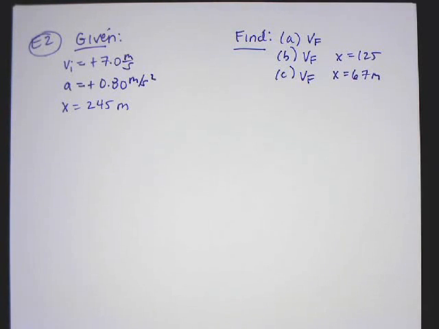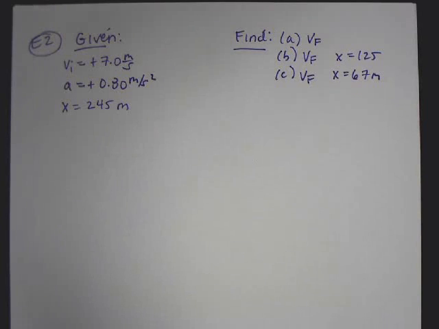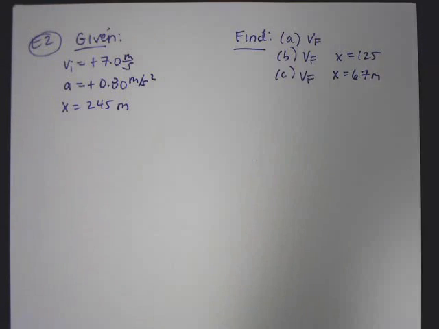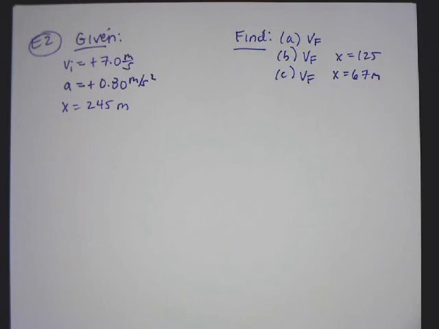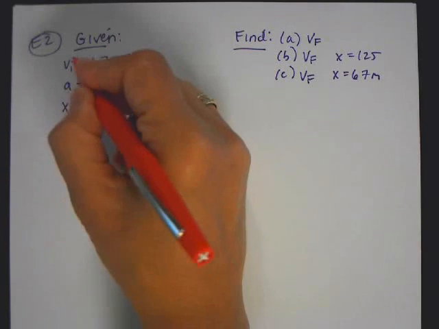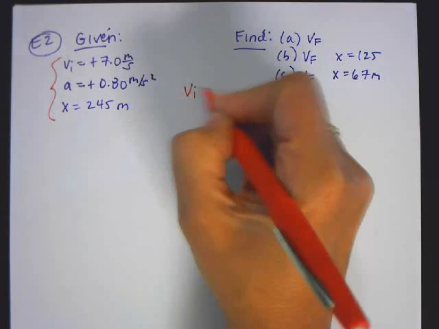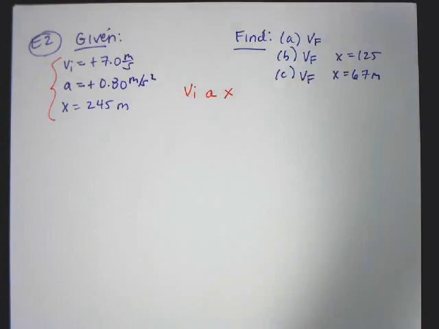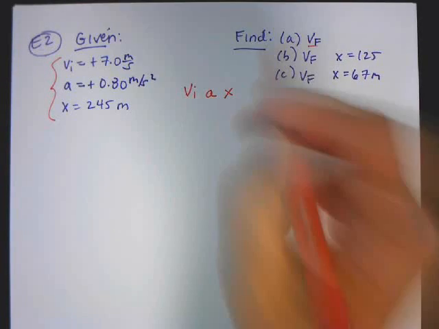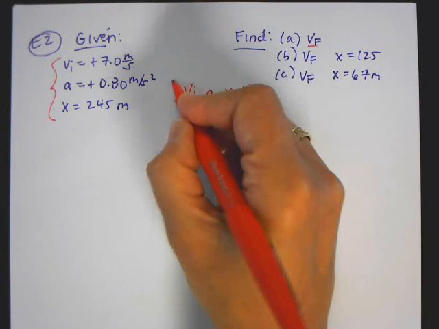The first thing I'm going to do is, how do I know which equation to use? Well, in the practice problems in the book, it's easy because all the problems use the same equation. Now, when I'm taking the test or a quiz, I'm not sure which equation to use. So how do I figure that out? What I do is first I write the three that I have in my given, so VI, A, and X. Then I write the one that I want to find, which is VF.